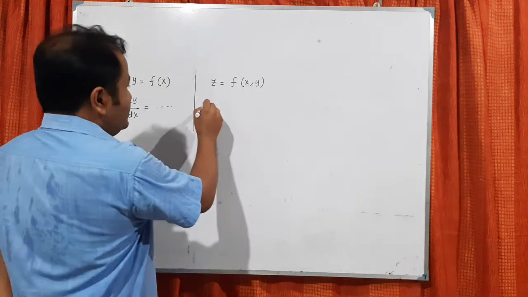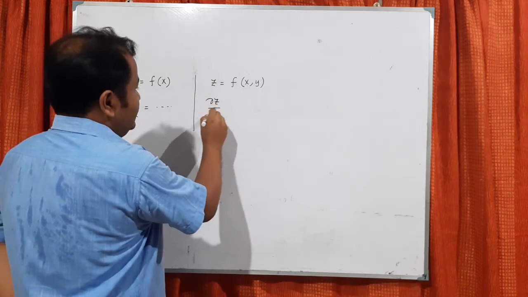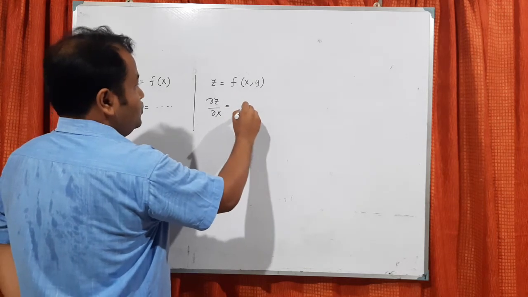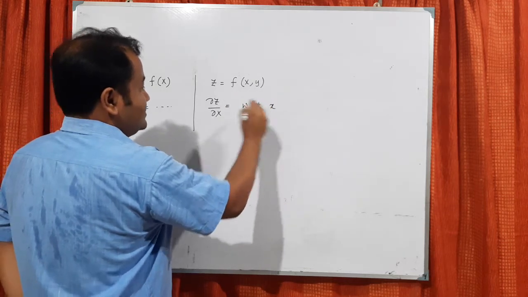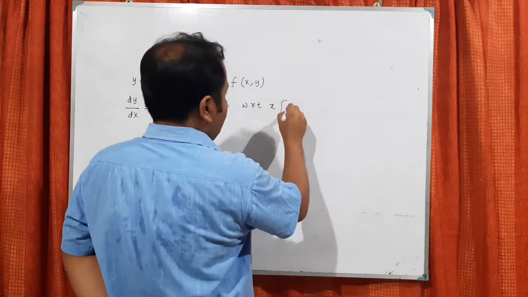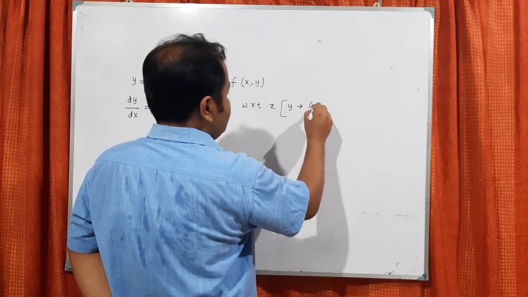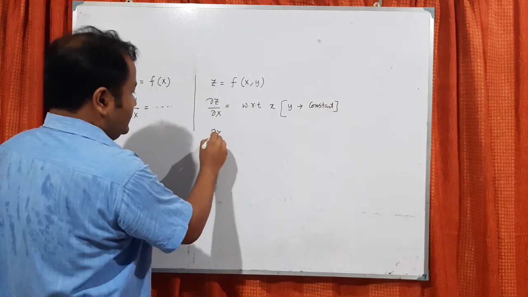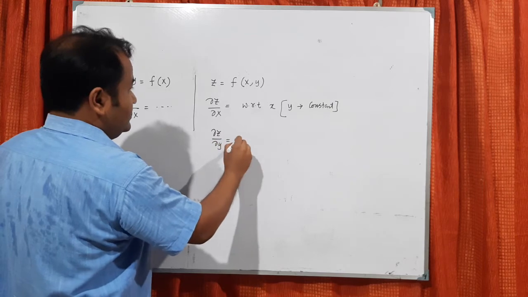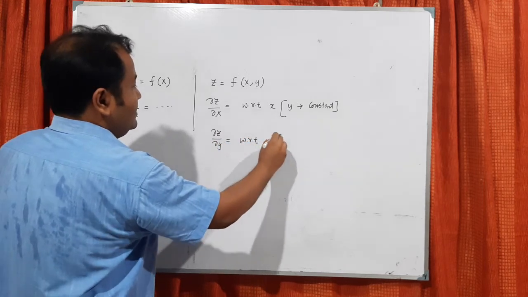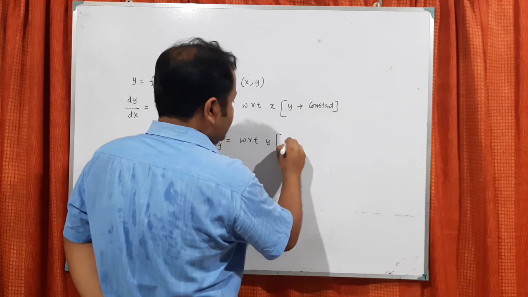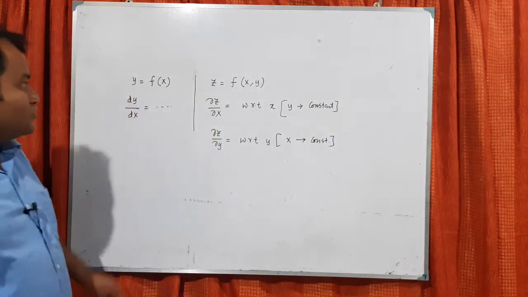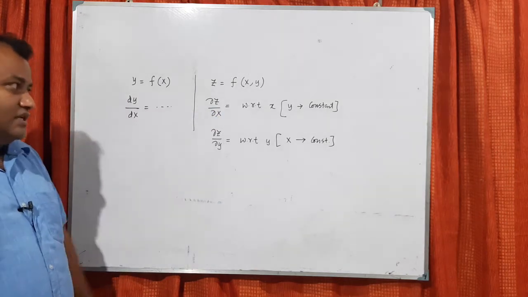So here I can write del z del x. That means the derivative with respect to x, but y should be treated as constant. Similarly, you can find del z del y with respect to y, but x should be treated as constant. So these are the fundamental things of this derivative.